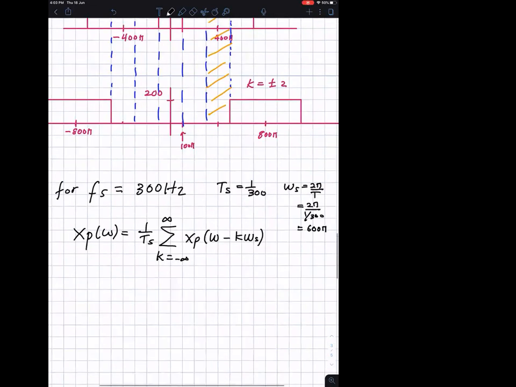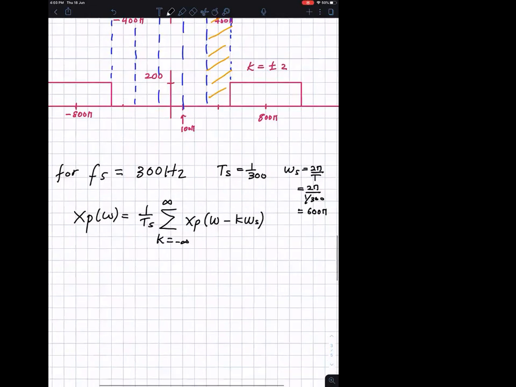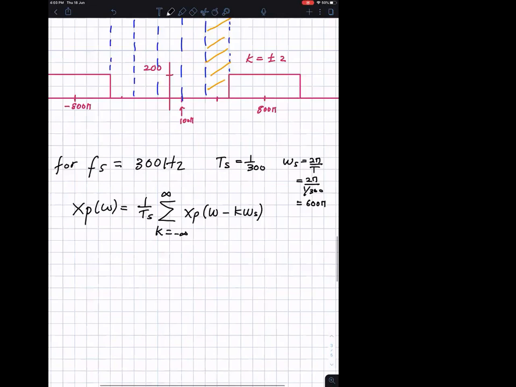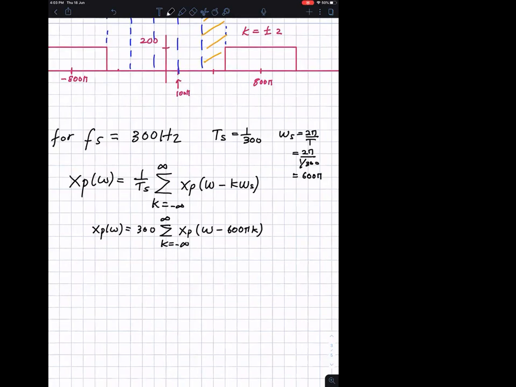So the equation is going to be Xp of omega equals 1 over T, which is 300 here. Omega s is 600 pi. So you repeat the same thing again.